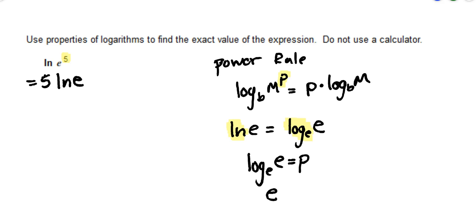That would be e, this base of e, raised to this power of p equals what's inside the log, e. So it's this base of e to the power of p equals the e inside.